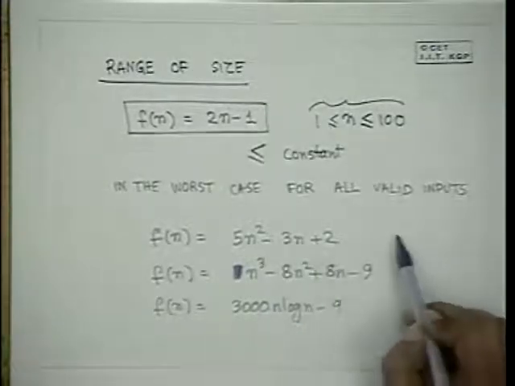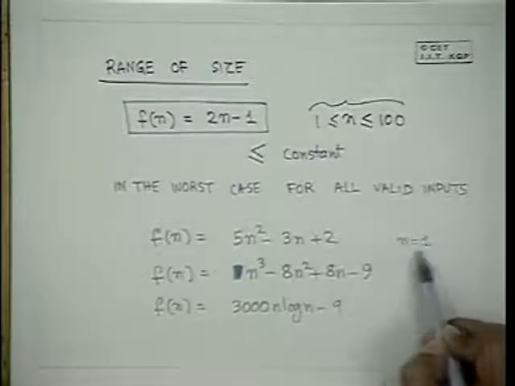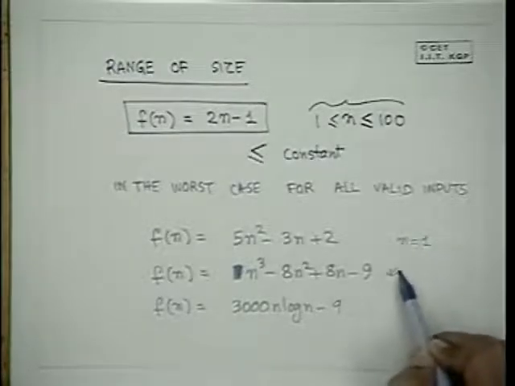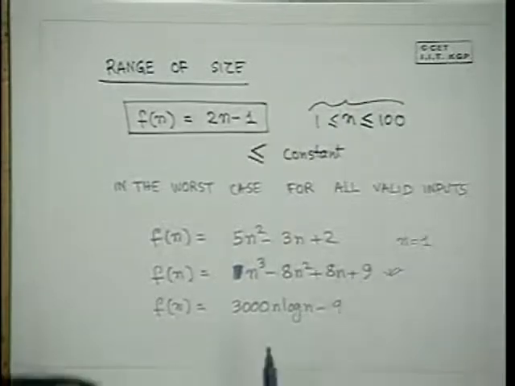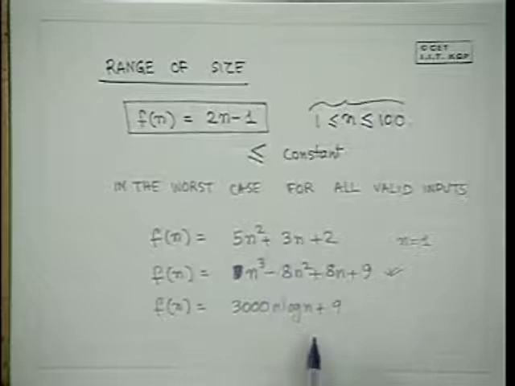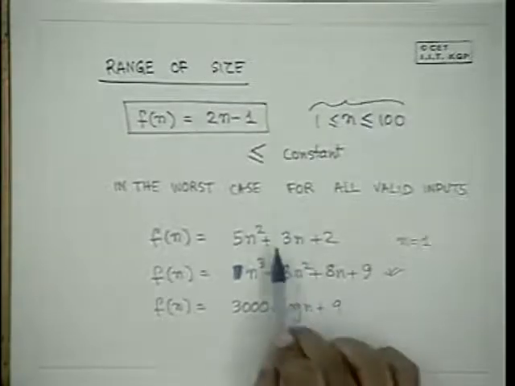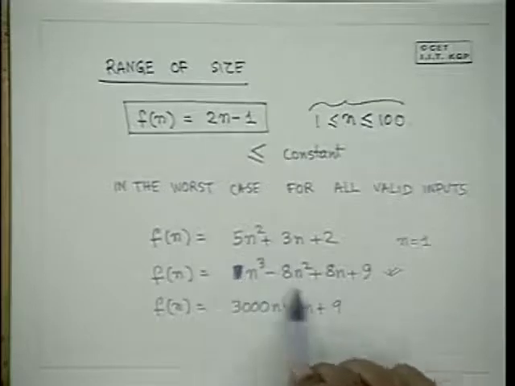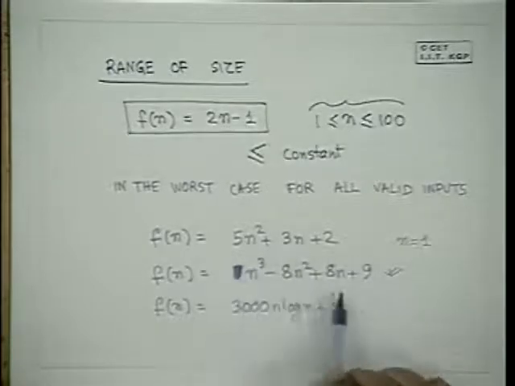Now when n is 1, this will turn out to be very good. Let's make it positive, otherwise things will look very odd. So when n is 2, then this will become possibly the smallest.